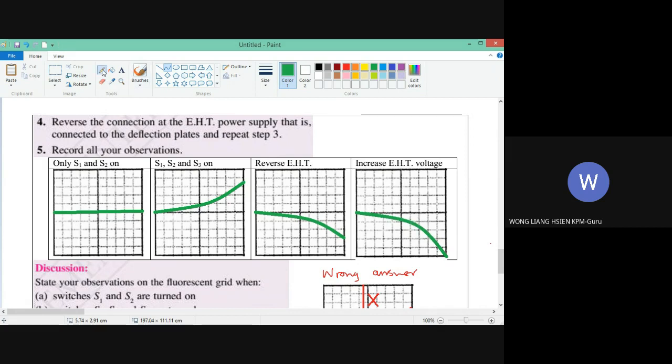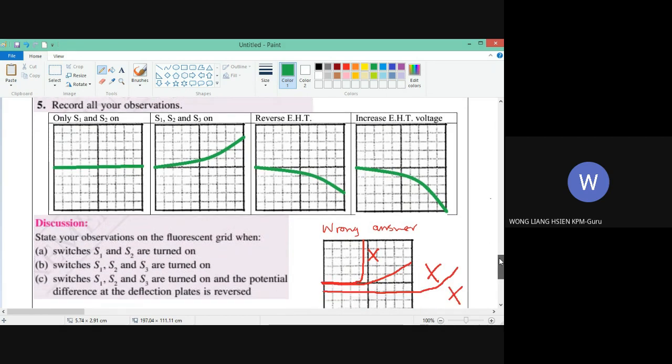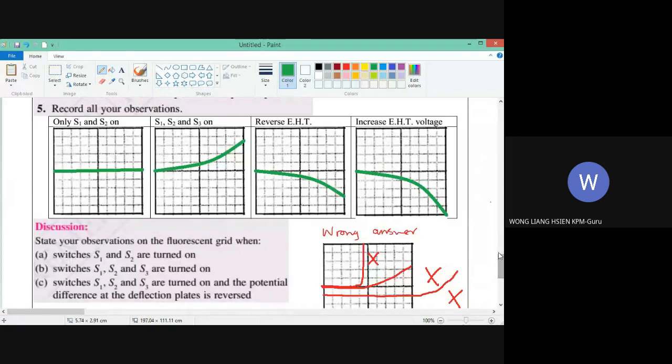For example, this one bends until here, and this one has a sharper bend, it can bend more. So this is the observation of the effect of electric field on the cathode ray. Very simple. Until here, any question? This is the effect of electric field.